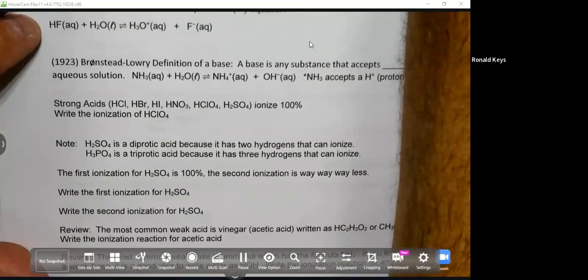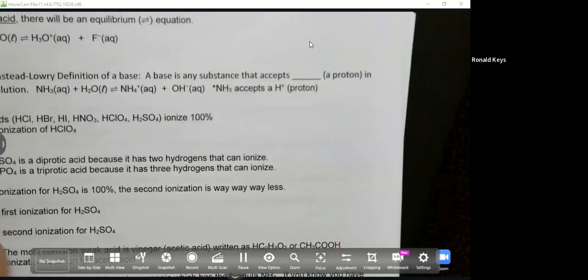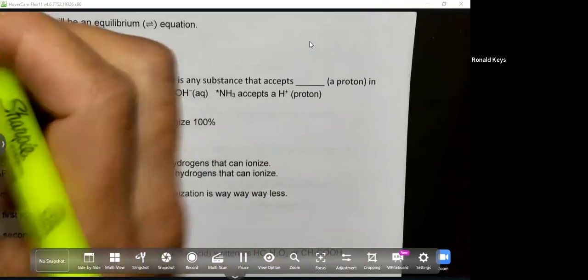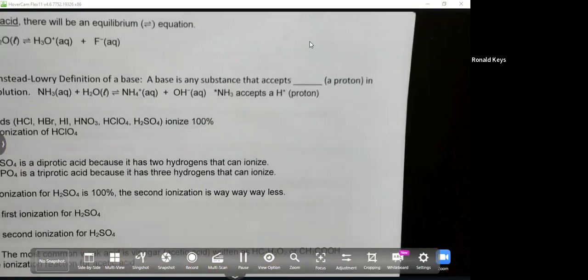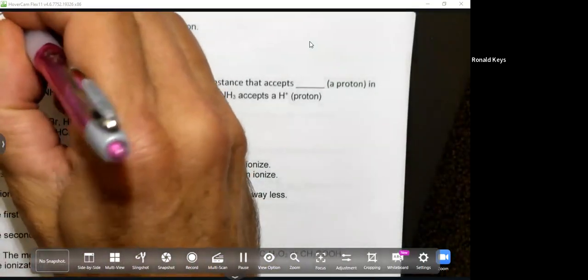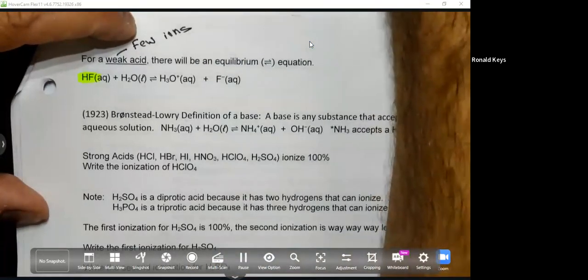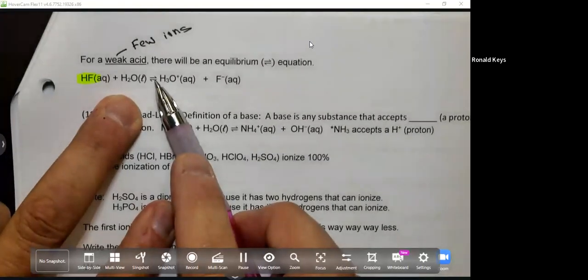And to represent that for a weak acid, HF here, weak acid. Right away, for a weak acid, you are going to get very few ions. Now you see reversible arrows.